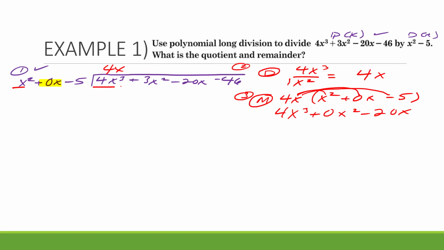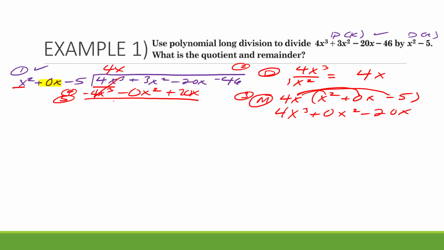Still with me? Okay, our fourth step is to subtract. When we're subtracting, that means we're changing the signs of each term. Does that make sense? So now we're on to subtraction. So it becomes negative 4x cubed minus 0x squared plus 20x. And we subtract and combine.